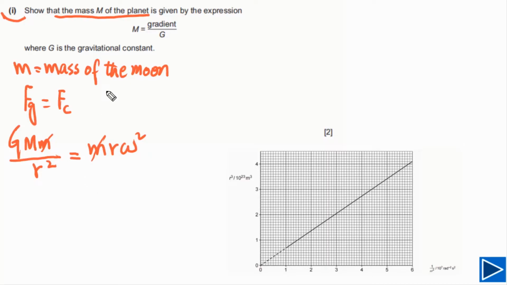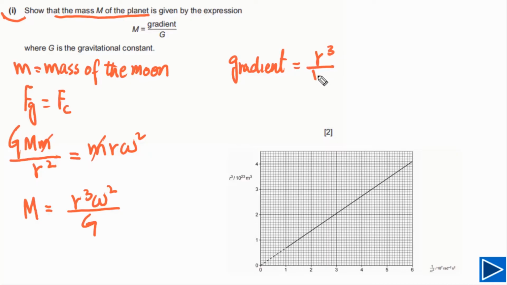We have to show that capital M is equal to gradient over G. Now we can rearrange this one, so we can write down mass of the planet is equal to r cube times omega square divided by G. Now if you look at the gradient of this graph, gradient is equal to r cube divided by 1 over omega square. If we simplify this one, gradient is equal to r cube times omega square.